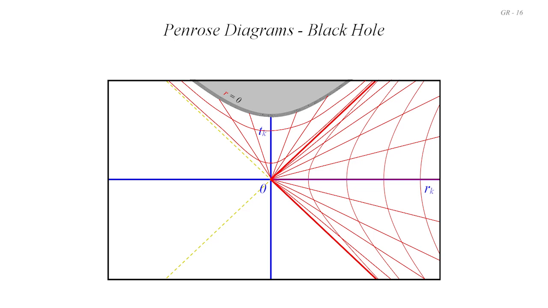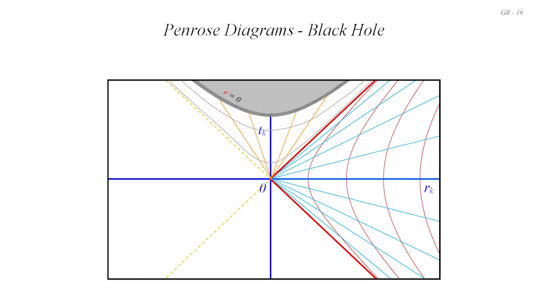Let me now recolour those time axes light blue, simply in order to distinguish them more clearly. This region represents inside the event horizon of the black hole, where the red measurements of time and space have been reversed. Let me also recolour these. I'll make the hyperbolae, which are now time axes, grey, and the radial lines, which now represent distance, orange.